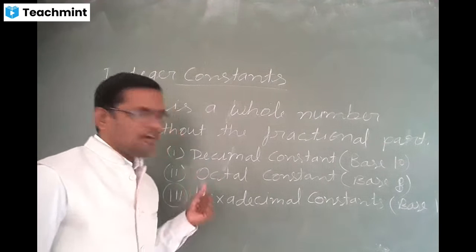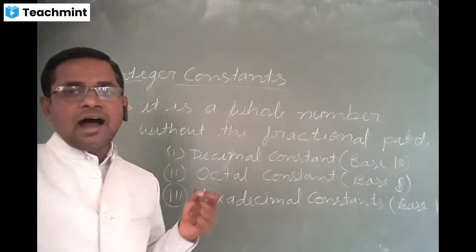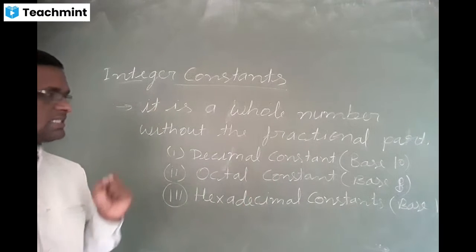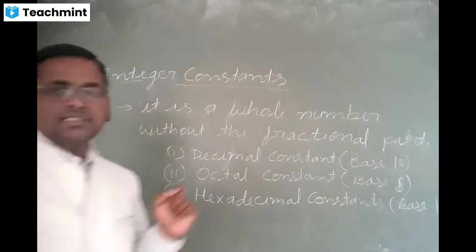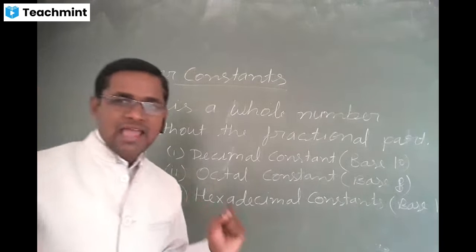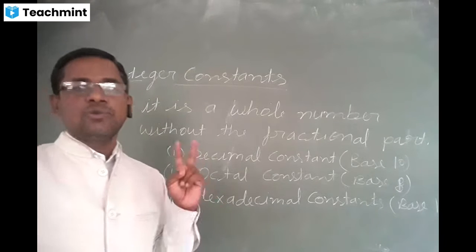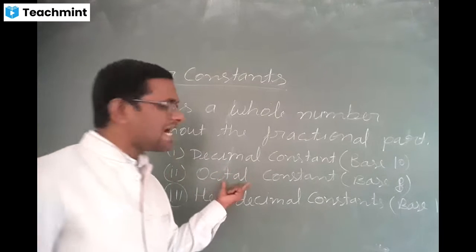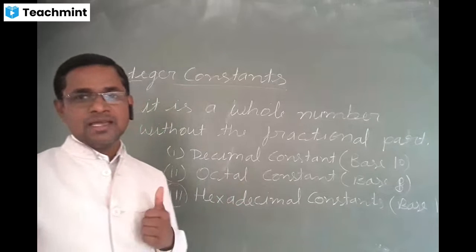Similarly, in an octal constant only the digits 0 to 7 are used. This means the digits 8 and 9 are not used to write an octal constant.